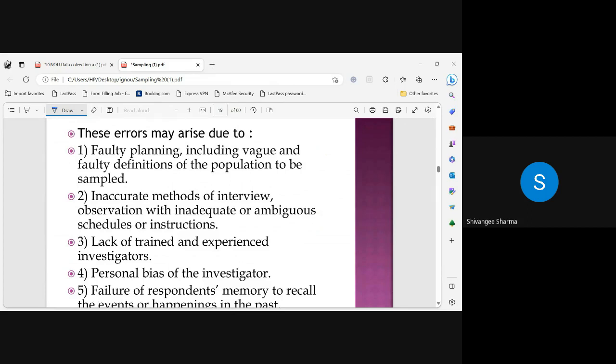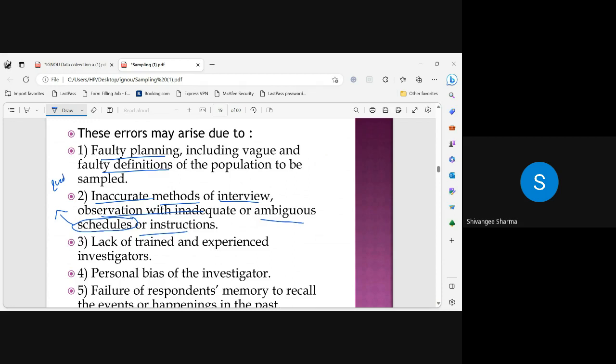The very first is faulty planning and faulty definitions, which I have already told you. Then next is inaccurate methods of interview or observation with ambiguous schedules and instructions. What is a schedule? The new word here is schedule. In research, while collecting data, we use questionnaires.